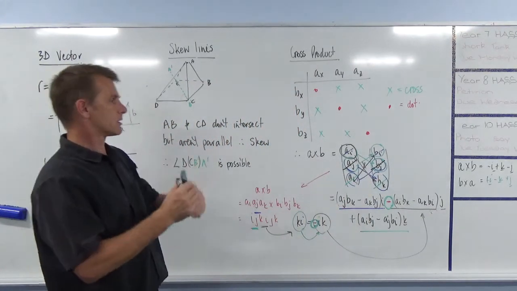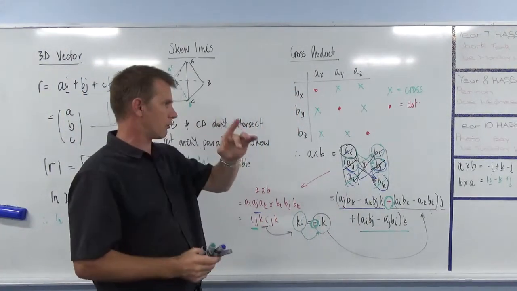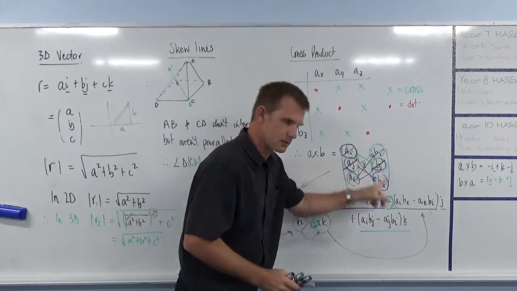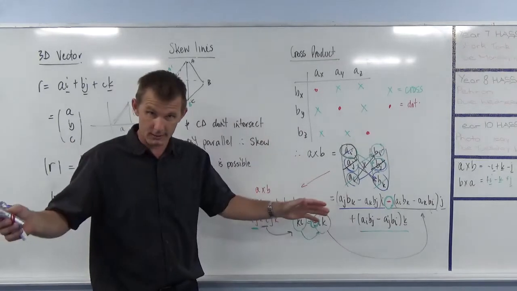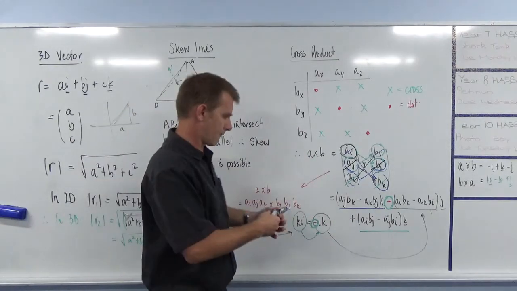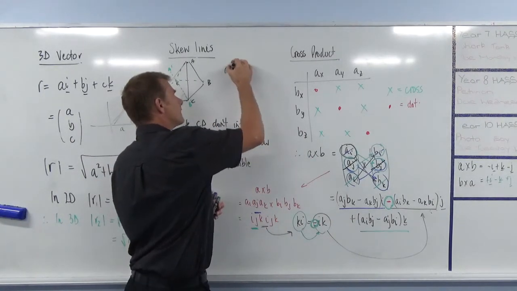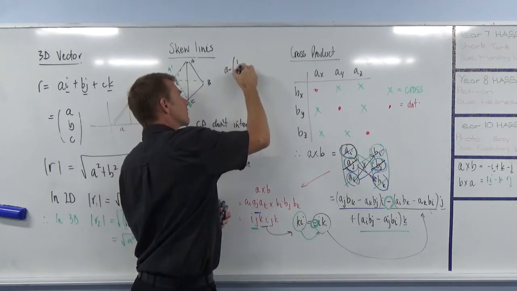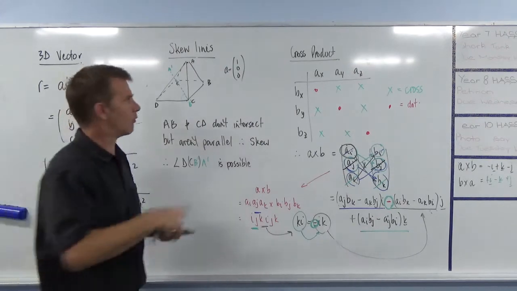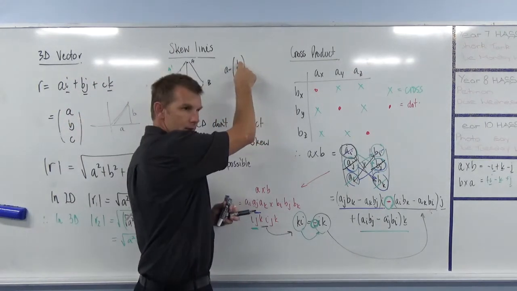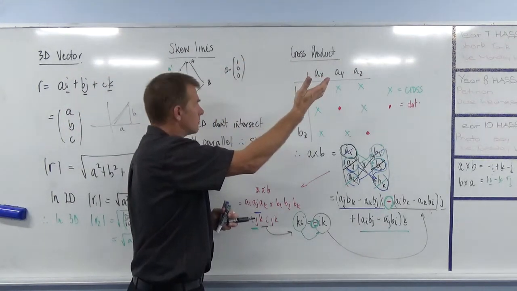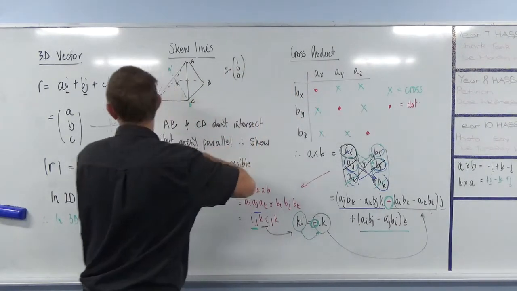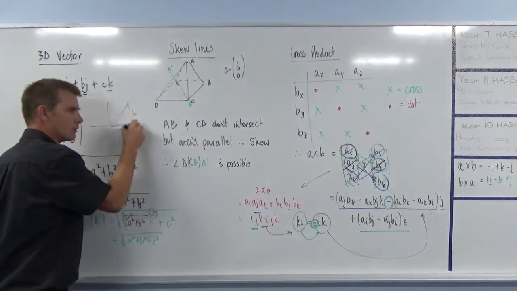Now, here's the thing, and I haven't got enough space on the board, but I want you to write a vector A and vector B along an axis. Okay? So I'll give you them. Write vector A as 1, 0, 0. Now what would that be? Well, that's going 1 along the x-axis, or the I direction, and nothing on the j and the k. So that's going to be on the x-axis somewhere here.